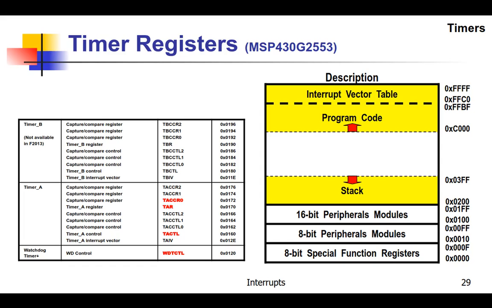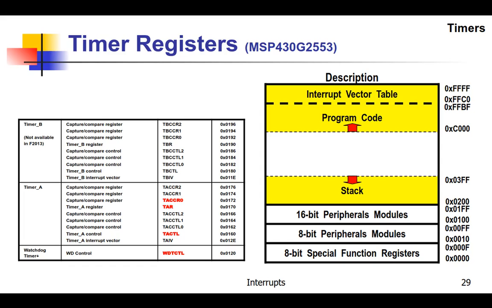Some of those interrupts go with the timers. Then you have your program code, which goes up to the interrupt vector table, and starts at 0xC000 in the MSP430G2553. And then there's the stack down in RAM.